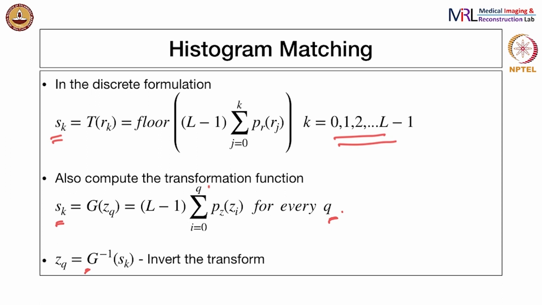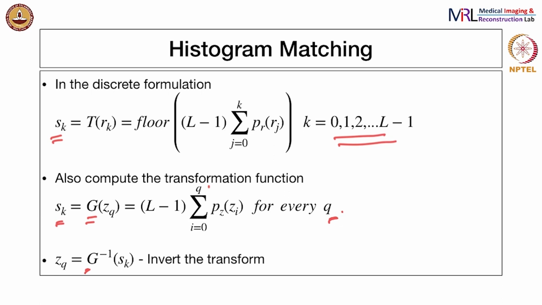So we can calculate all possible values of G. These are rounded to the nearest integer value in the range 0 to L minus 1, and you put them in a lookup table. And then for a particular value of Sk, we look up the closest value, right? So that's all there is to it.